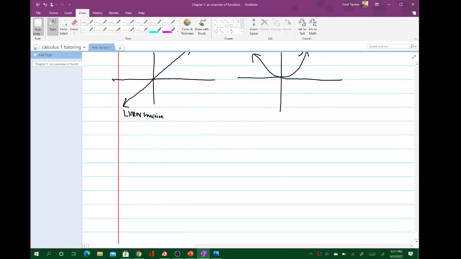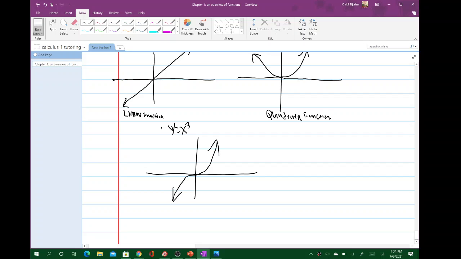And then we also have the cubic function, y equals x cubed. This one is like this, and we must know the limit of each.